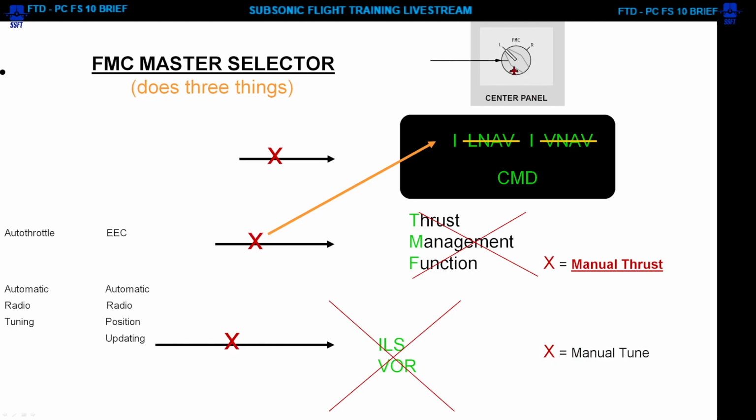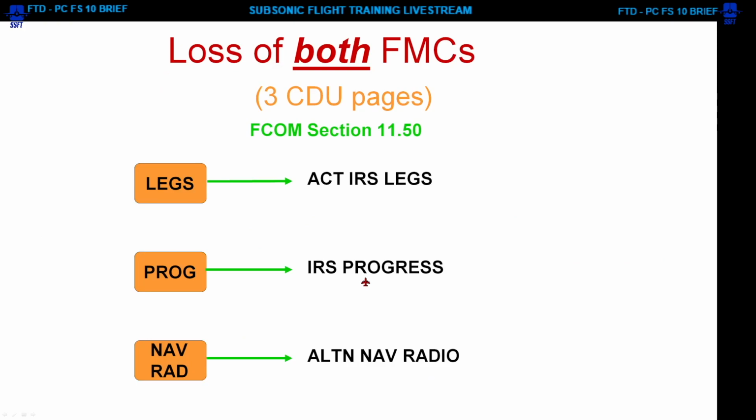So that's all this master switch does. It gives information to the EECs, the FCCs, and the nav radios. And again, when flying in LNAV and VNAV, that information is coming from the left FMC.